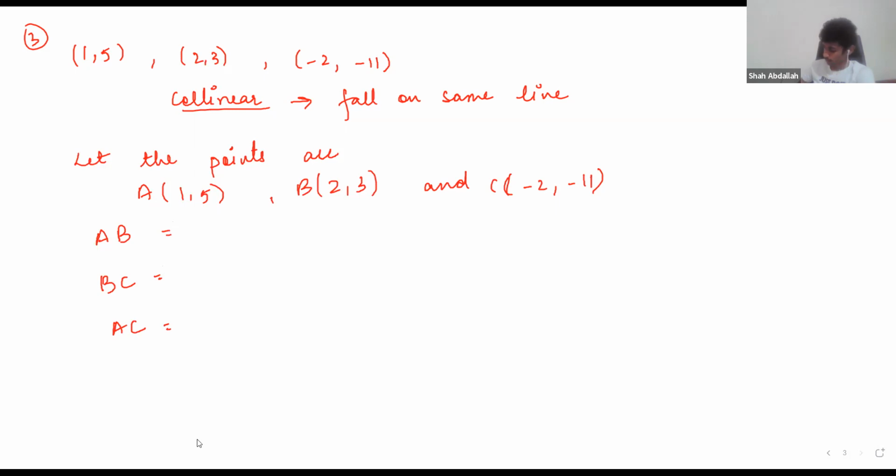Square plus 3 minus 5 is equals to 1. 1 plus 3.